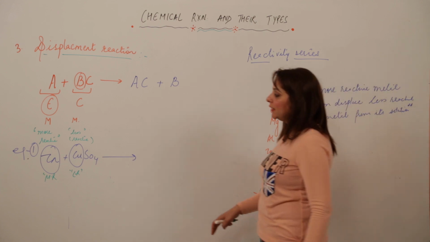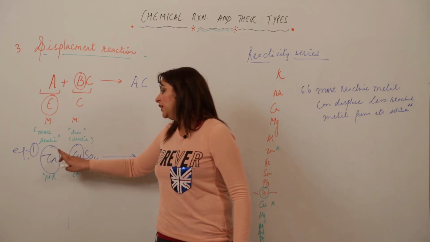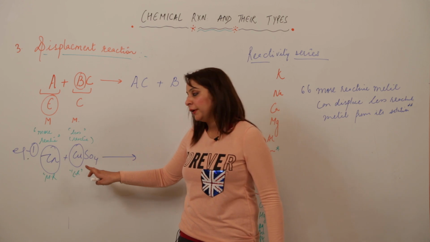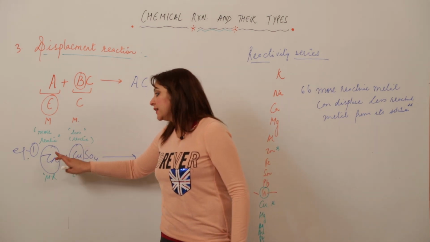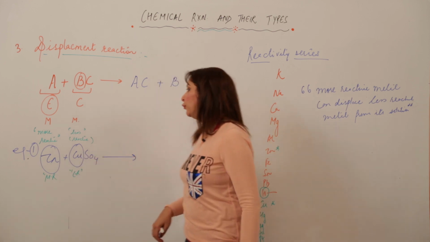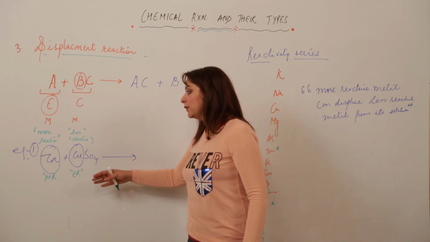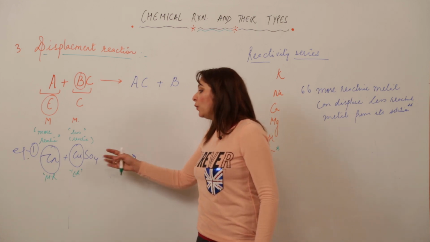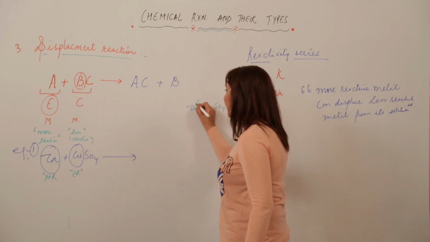As we can see, zinc, the more reactive metal, is present in the elemental state, so it can easily displace copper. That means copper will be displaced by zinc and zinc will combine with the sulfate. How you formulate the molecular formula we will do in detail in the language of chemistry, but for the moment I am just writing the valencies and crisscrossing them.